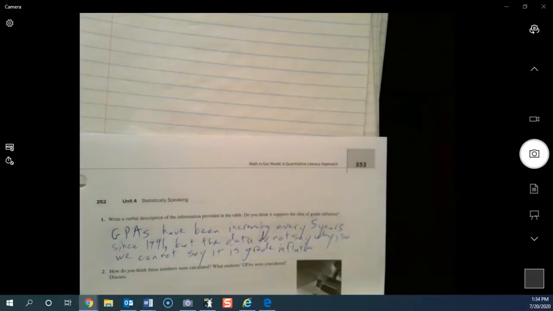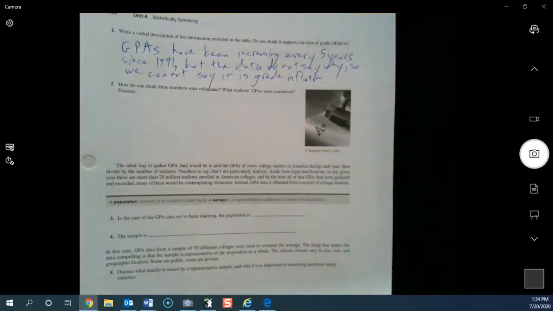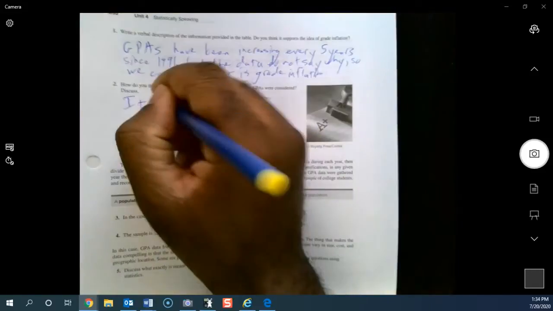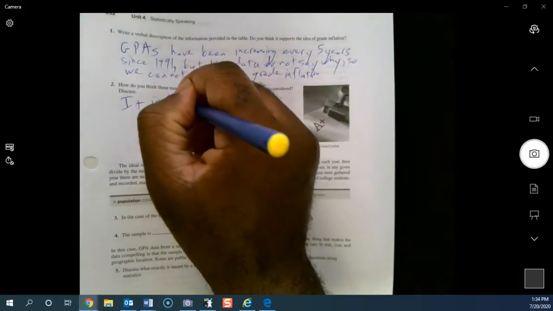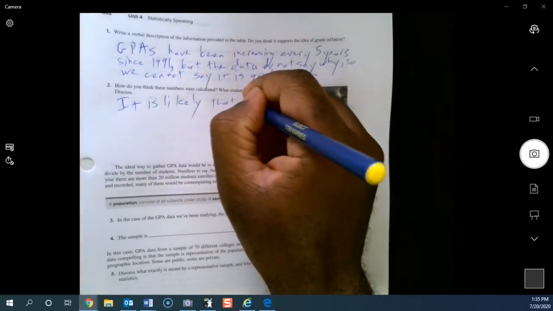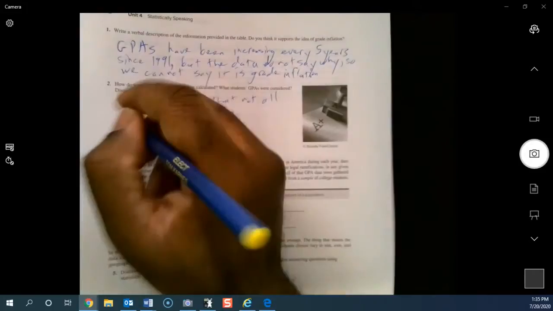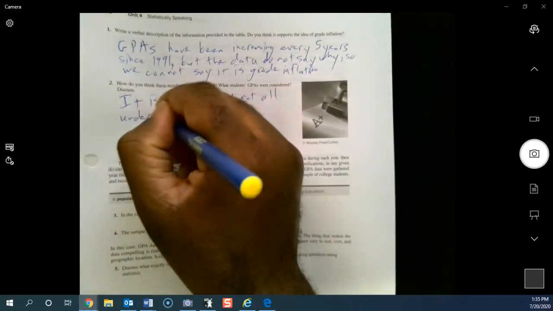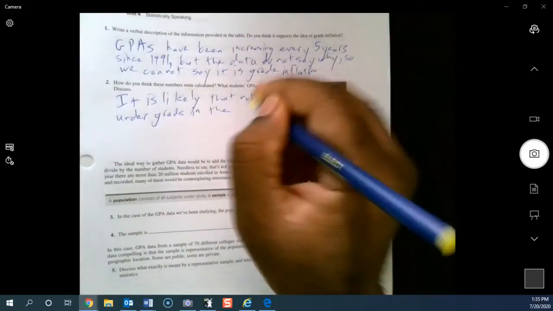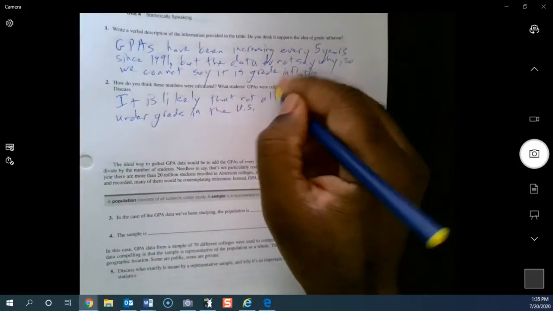So now, we'll move on here to problem number 2. It says, how do you think these numbers were calculated? What students' GPAs were considered? Discuss. Now, this is more of an opinion piece, but I'll put this down here anyway. It is likely that not all undergrads in the U.S. were considered.